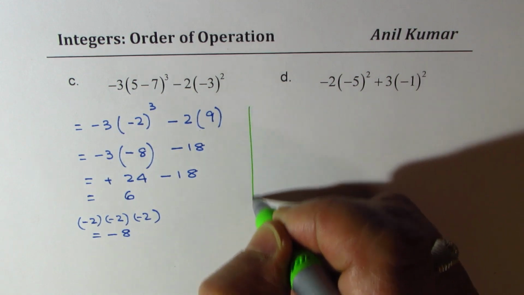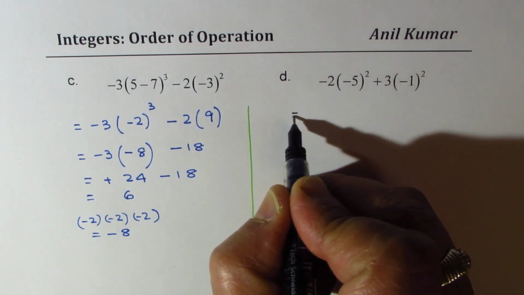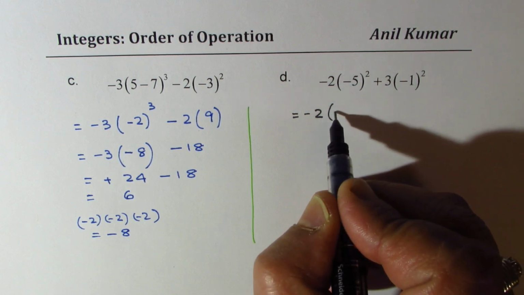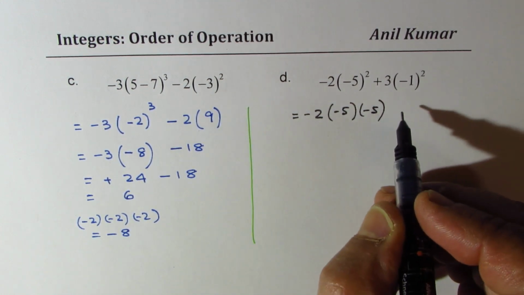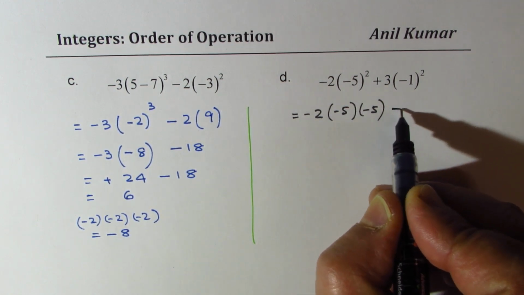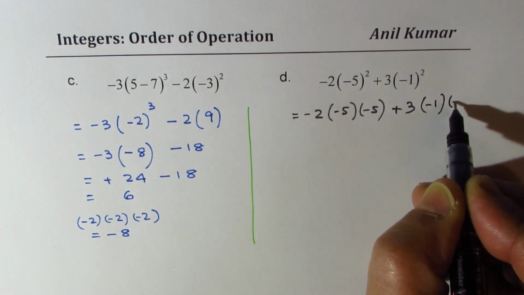Let's do part D now. I hope the steps are absolutely clear. We have minus 2 times (-5)^2. You could write minus 5 times minus 5 if you want. Or directly you could write 25, plus here we have 3 times (-1)^2, minus 1 times minus 1.